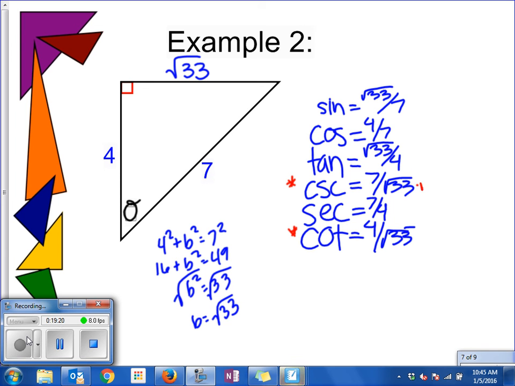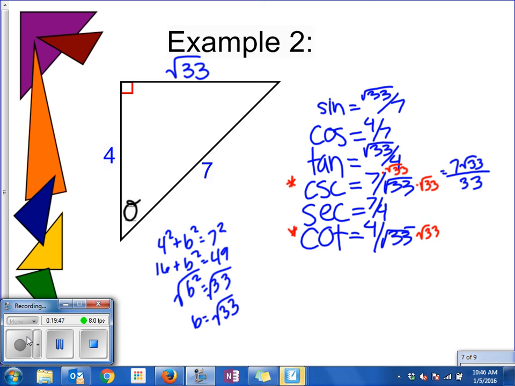So I'm going to multiply by the square root of 33 on the bottom, and I'm going to multiply the top by the square root of 33 as well. So that gives me a final answer here of 7 square root 33 over 33. No more radical. To us, it doesn't look a whole lot better, but that's the way we want to see it written.